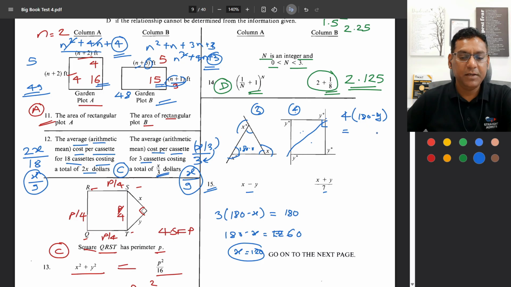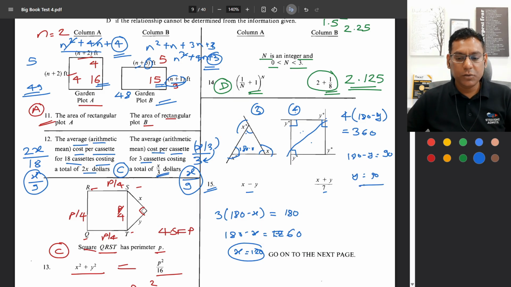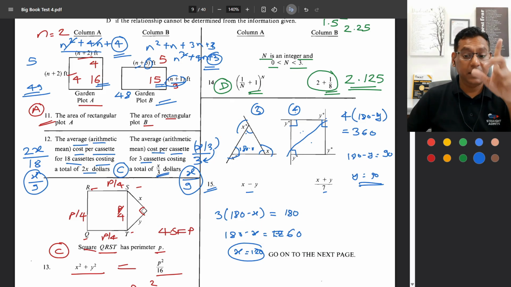So this is 180 degrees plus 180 degrees, 360 degrees. Don't think it is 180, it is 360. So basically 180 minus y is equal to 90, so y is going to be 90. Like I said, intuitively we could see that this is a square and this is an equilateral triangle, so it has to be 60, 60, 60 here and 90, 90, 90, 90 here. But we also could calculate that, so that gives us more confidence.